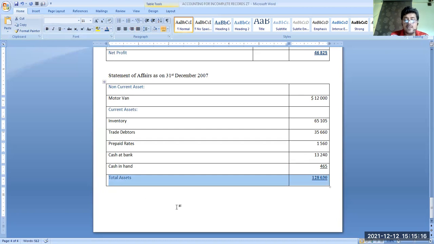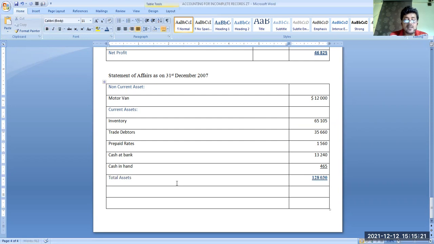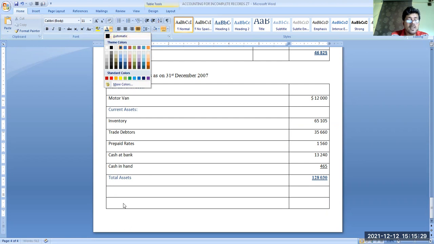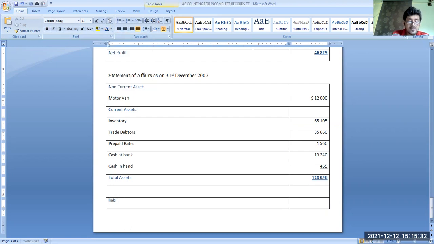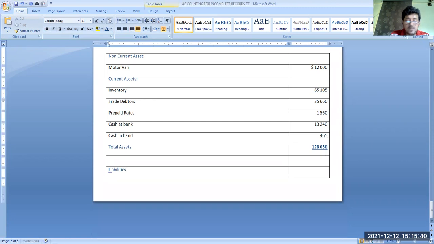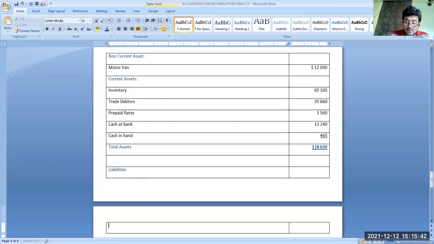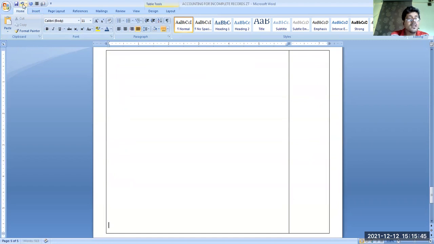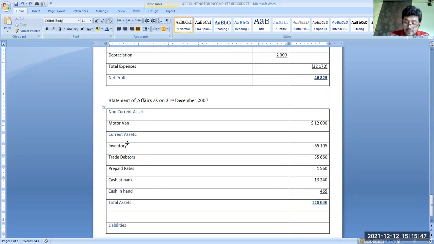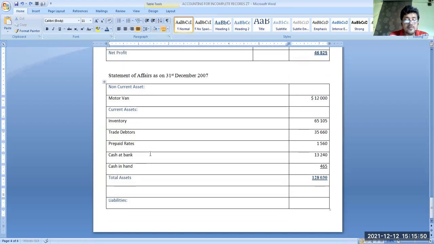Now we have calculated total assets. Next item, liabilities. Okay, our heading, liabilities. We have liabilities.